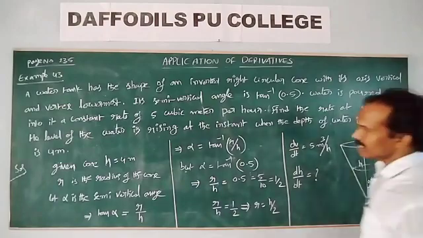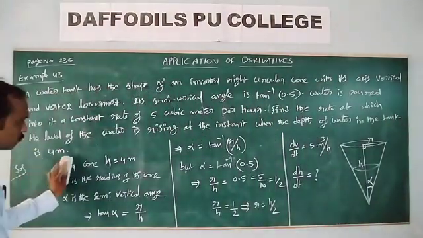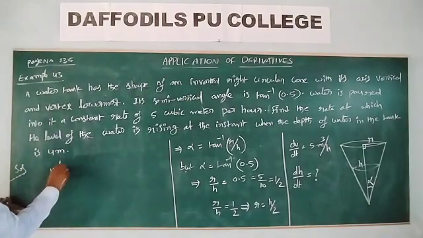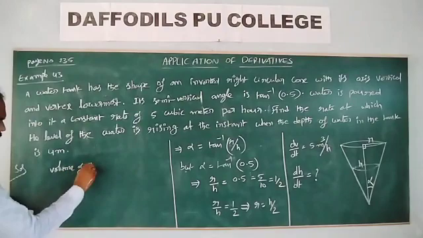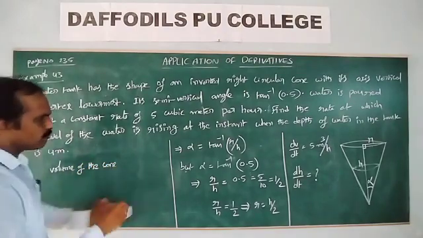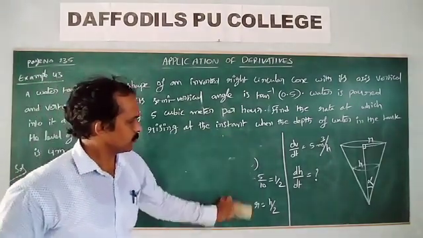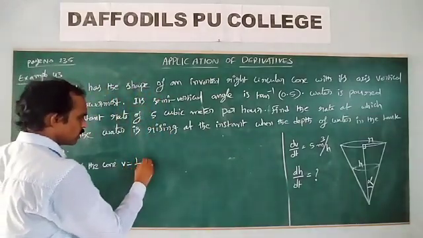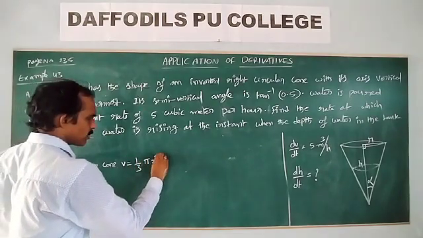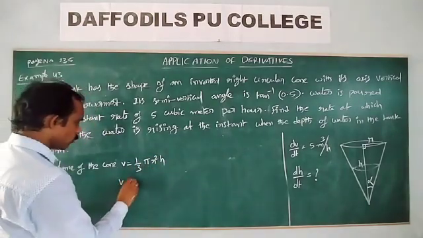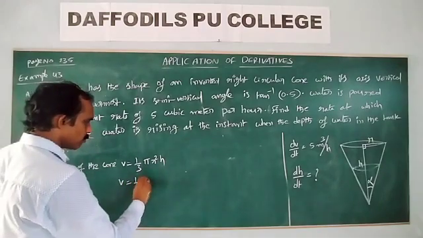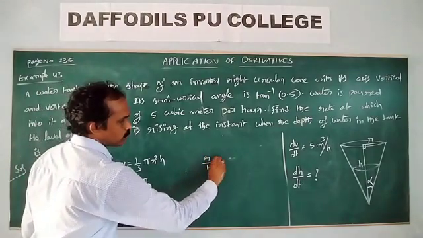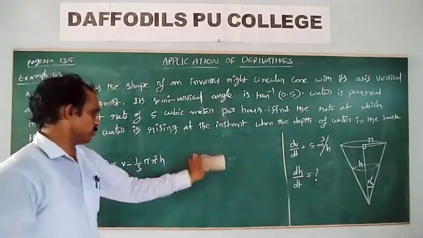First of all, what is the volume of the cone? V is equal to 1 by 3 pi r square h. Substituting r in terms of h, since r by h is equal to 1 by 2, r is equal to h by 2.